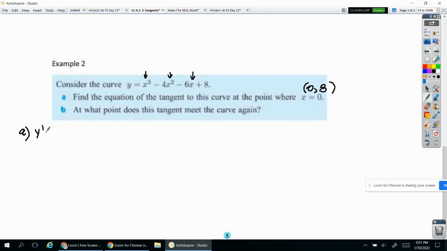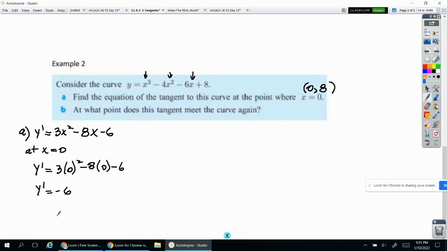It's obvious. Now let's find the derivative of this function. It's going to be 3x squared minus 8x and then minus 6. To evaluate the derivative at x equals 0, we're going to substitute zeros for x. So y prime equals, when I substitute 0 for x, I see that my derivative is negative 6.